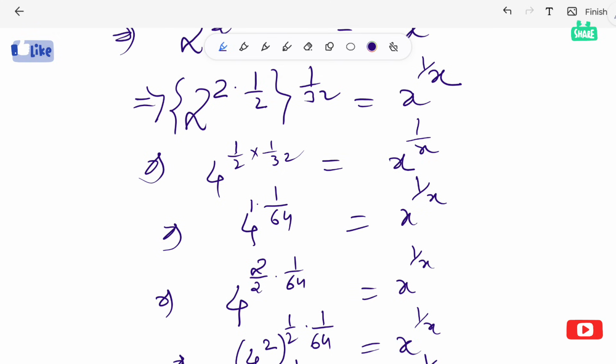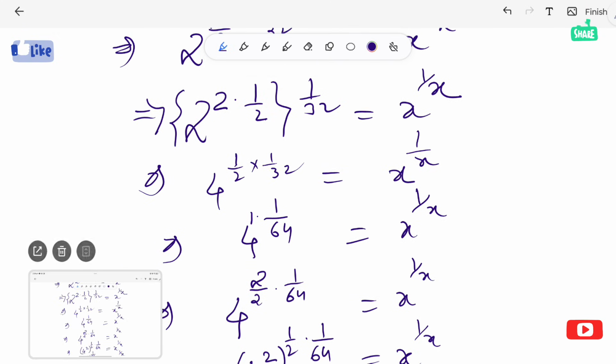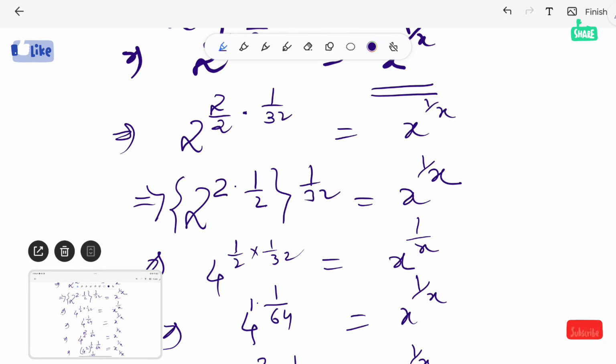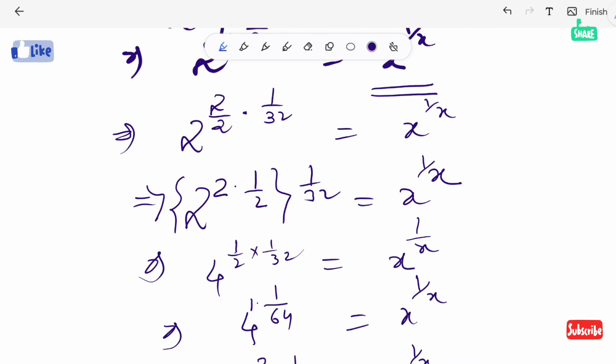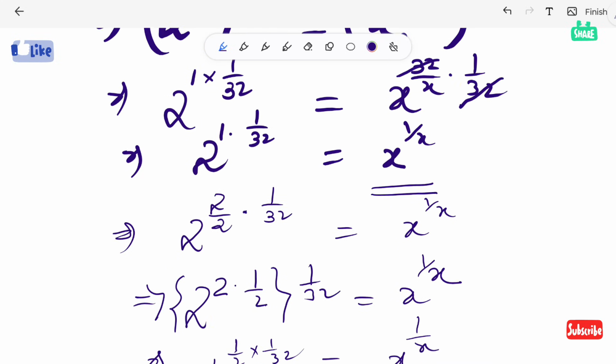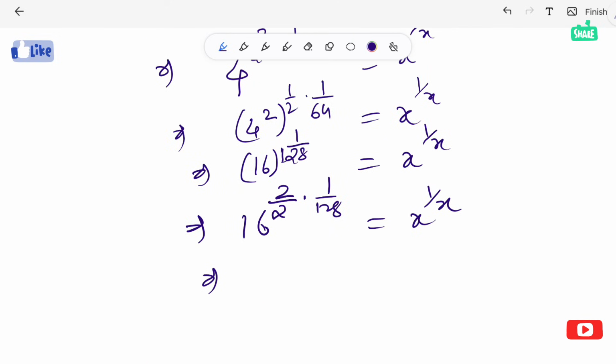Initially, what was the value of the base? Initially the value of the base was 2. See here, 2, isn't it? Now what I'm doing, the base is increasing, isn't it? Now 16 to the power 2 by 2 means 16 to the power 2, which is also multiplied with 1 by 2.